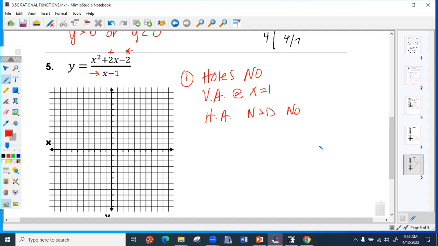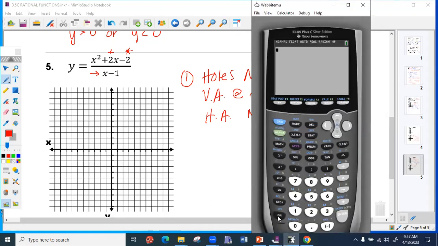All right, so let's talk about graphing this bad boy. When you're graphing a rational function, you want to make sure you put the numerator in parentheses and the denominator in its own parentheses. So I'm going to put parentheses, x squared plus 2x minus 2, divided by x minus 1.